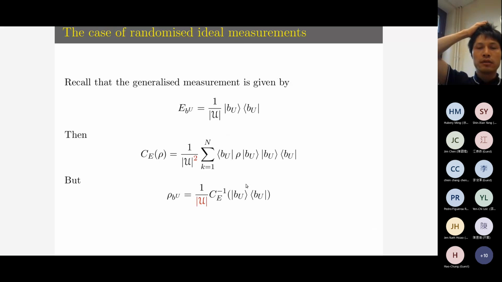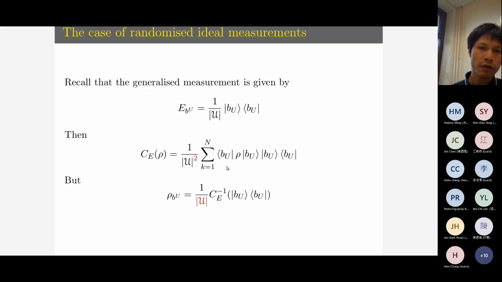And how does it connect to the case of ideal randomized measurements as before? In this case, as we already said, randomized measurement can be considered as one of the generalized measurements, with the effect corresponding to B_U given by 1 over U times B_U. If you plug this into the formula of C_E, you get this formula of the channel.